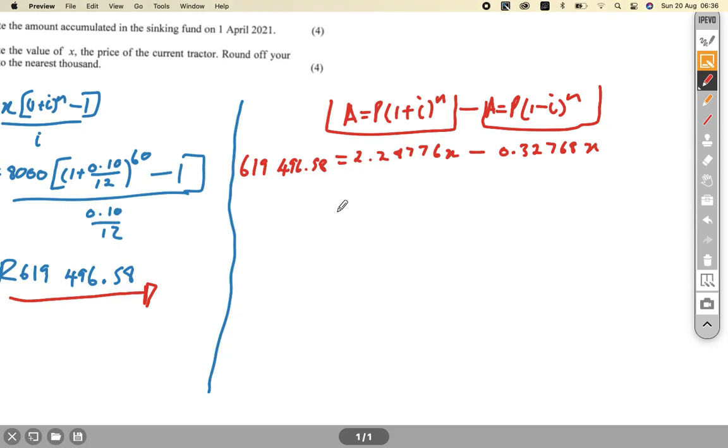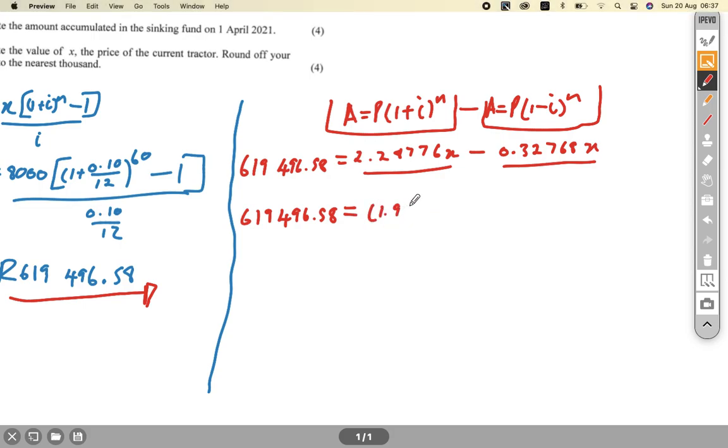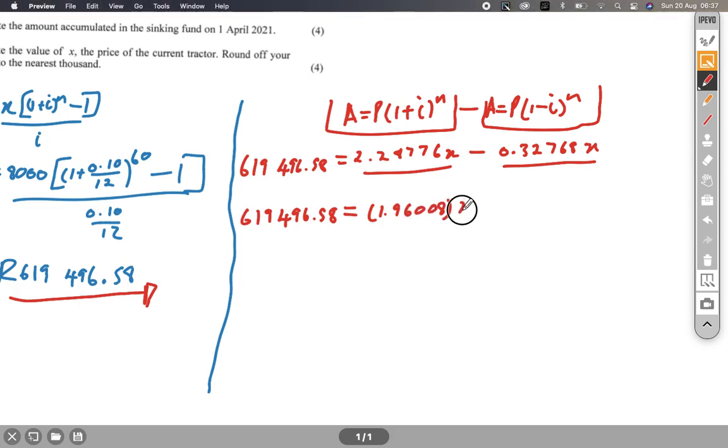Okay, and then your x and your x are like terms, so you can add these two to get you 1.96008 x. And then what you have to do now is divide both sides by this 1.96008.